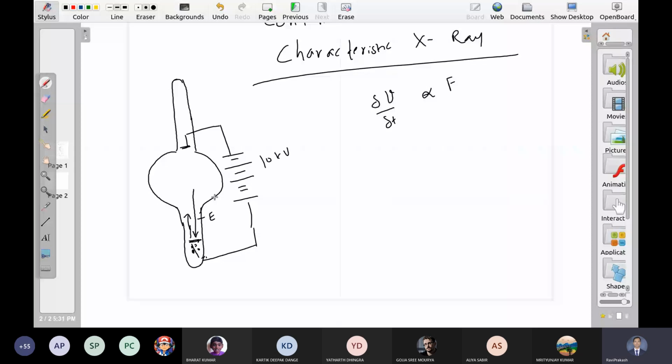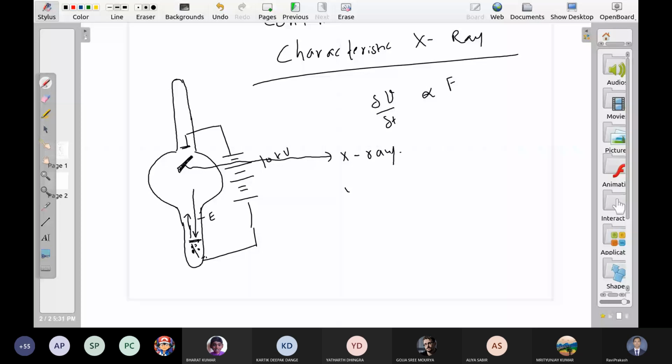When we apply such a strong electric field, we get electrons of extremely high energy, and these high energy electrons hit a target of heavy atoms, and once they hit this target, we get some electromagnetic radiation out from this target, and these are called X-rays. What is the wavelength of these X-rays? Of the order of angstrom, nearly 10 angstrom or so. Okay, 10 angstrom to 100 angstrom, something like that.